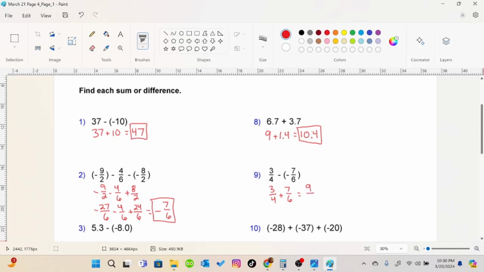So that becomes 9/12. And I need to multiply 7/6 by 2 over 2. And that becomes 14/12. Now I can add them together. 9 plus 14 equals 23/12.